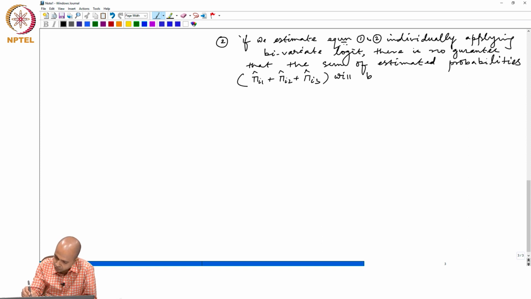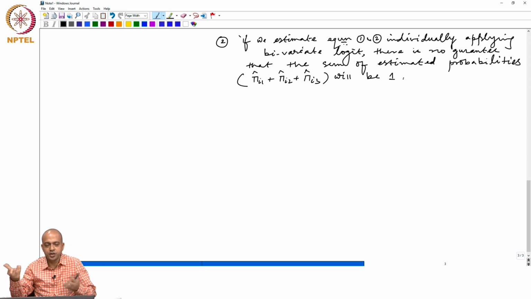There is no guarantee for that, because I am considering them as individual equations and I am estimating from a completely different sample size as well. They are independent, and as a result, when I take the summation pi i1 hat plus pi i2 hat plus pi i3 hat, there is no guarantee that this sum will be equal to 1.